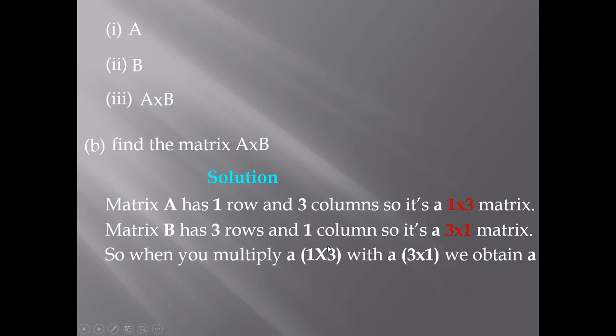So the number of columns is equal to the number of rows. That is the condition for multiplying. If this and this are the same, then the product will be of order 1 by 1. That's the condition we use.